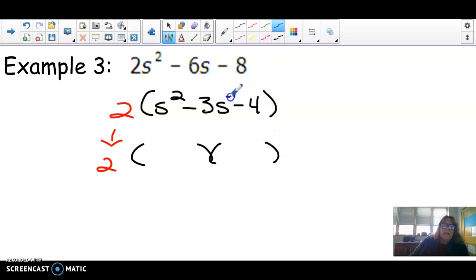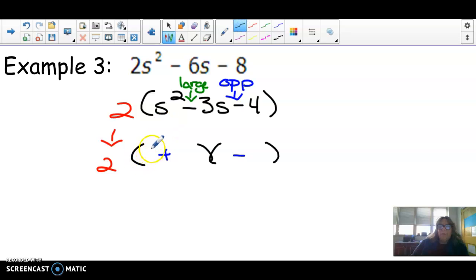When this sign is negative, then we will have opposite signs in our parentheses. So we will have one plus and one minus, because the only way you get a negative answer is if you multiply a positive times a negative. Now, if we're looking at our first term here, our larger number will have the sign.